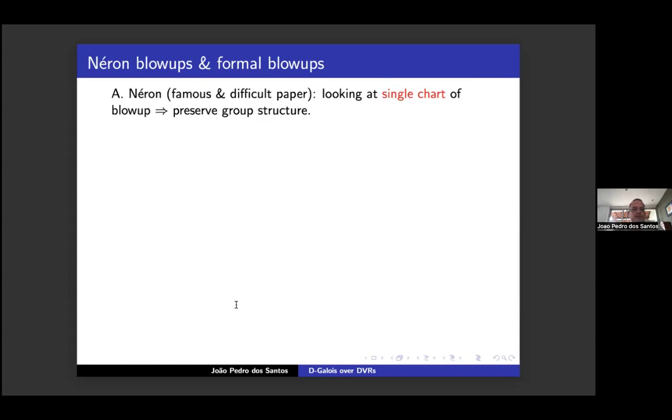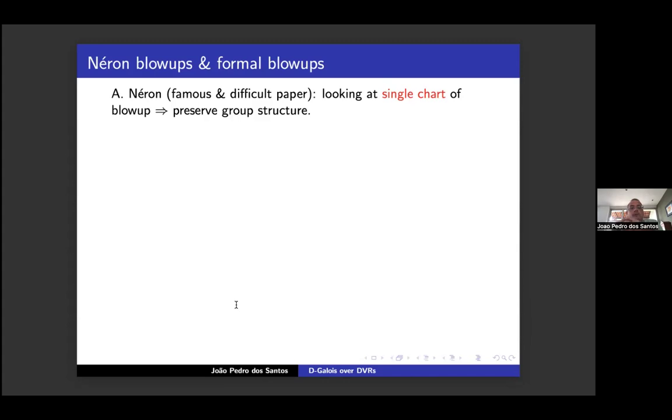So there is this famous and very difficult paper to read of André Néron, where he introduces Néron models for elliptic curves and abelian varieties and all that kind of stuff. And one of the insights that he proposes is that by looking at blowups, okay, so in algebraic geometry you have blowups, and they've been around since Max Noether in the 19th century, so a very important, very useful thing.